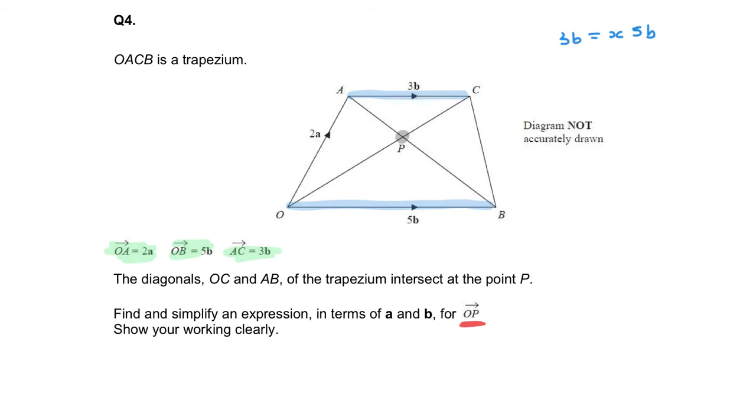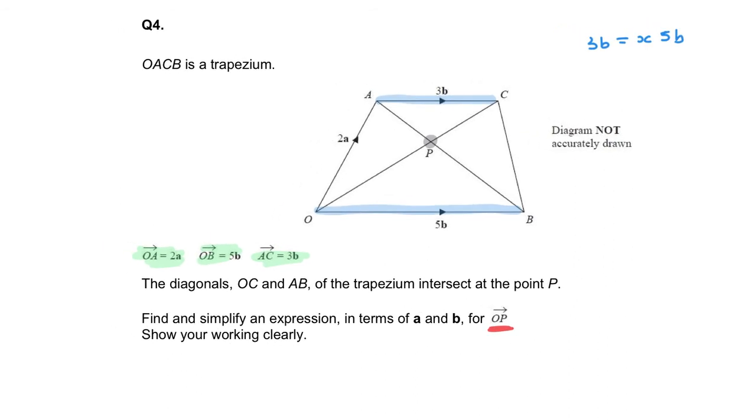What is one way to get to P? We can go directly to P, right? O to P. That's one way to get to P. I mean, I know it seems simple, but it is one way, right?